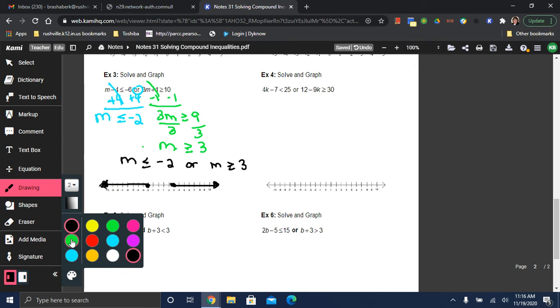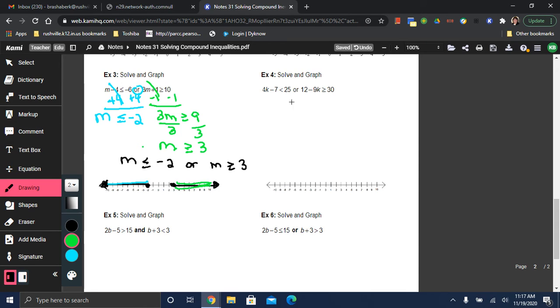And I'll go ahead and put the other colors up there so you can see. So this was the blue section. This was the green section for you to see. And so this statement right here is the solution to the compound inequality, because at least either this side's true or this side's true.